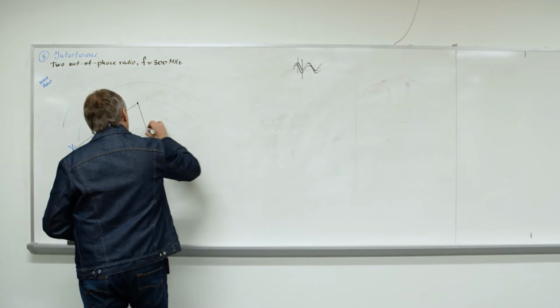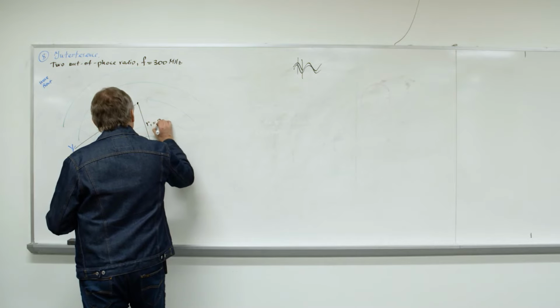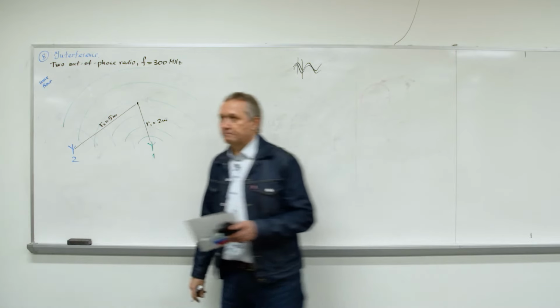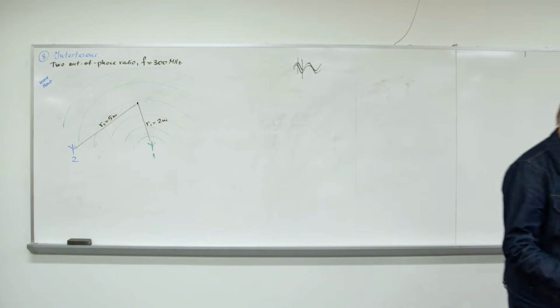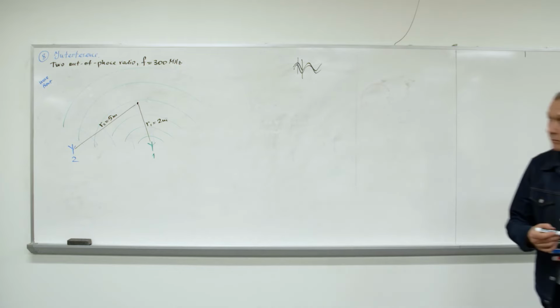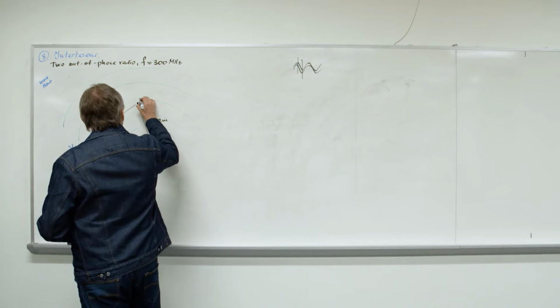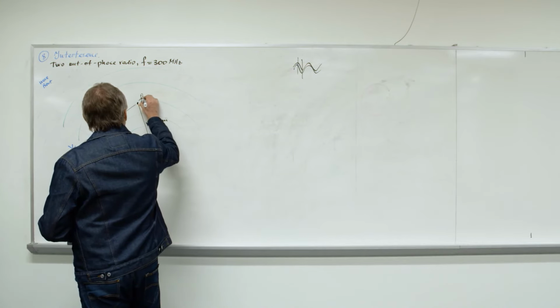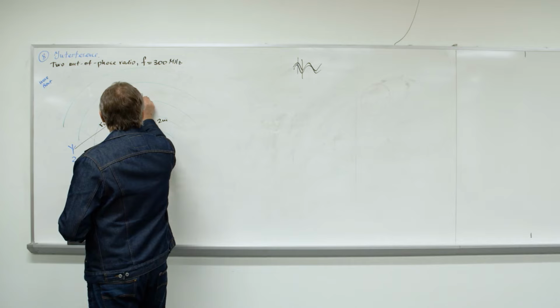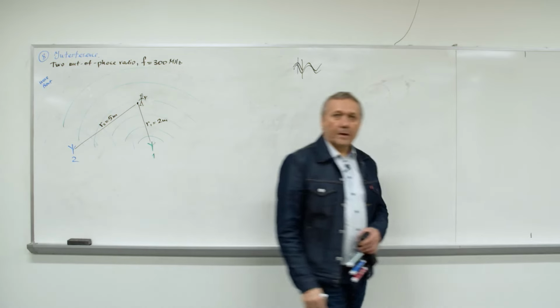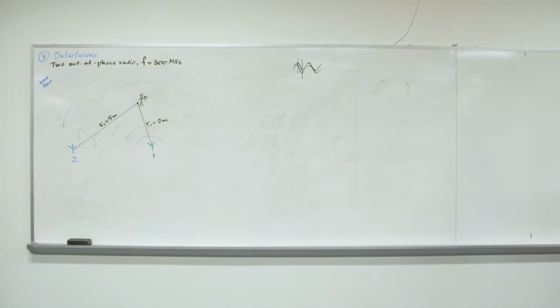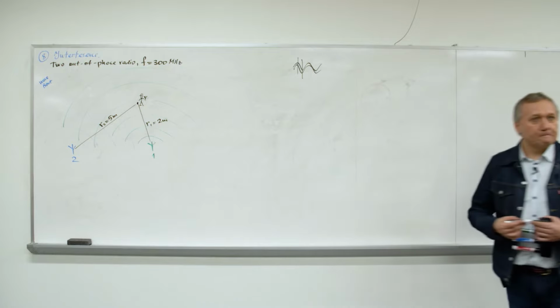And let's say the distance from the first source is 2 meters. Somewhere over here, somebody is standing with the antenna, trying to see: is it constructive or destructive interference?